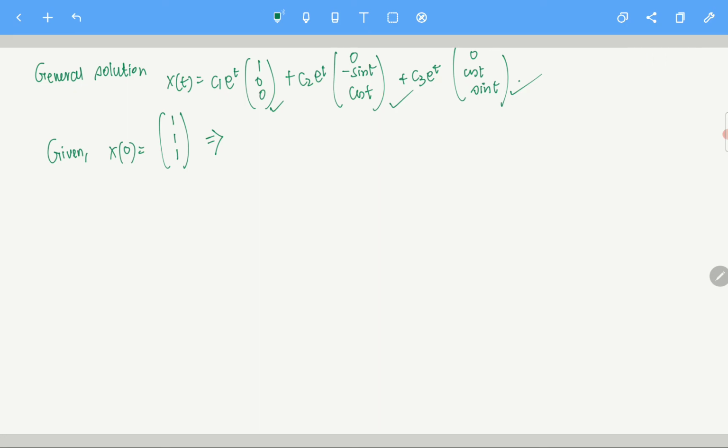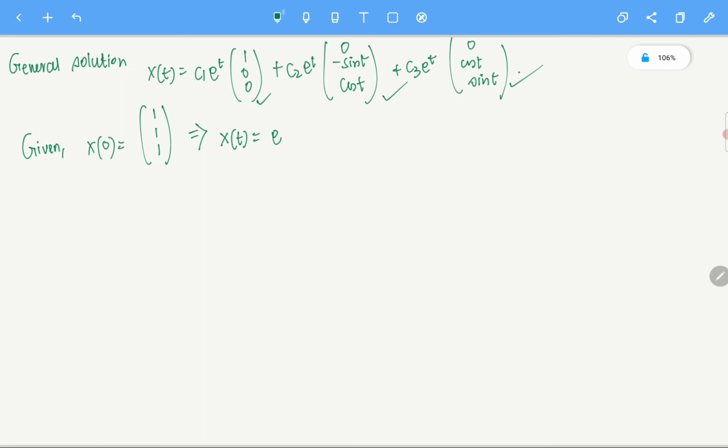Let me write down. From here you can actually choose c1, c2, c3 to be 1, 1, 1. Once you calculate all these things, you can choose 1, 1, 1. So essentially the solution will look like this: e^t times (1, cosine t minus sine t, cosine t plus sine t). I hope this is clear.